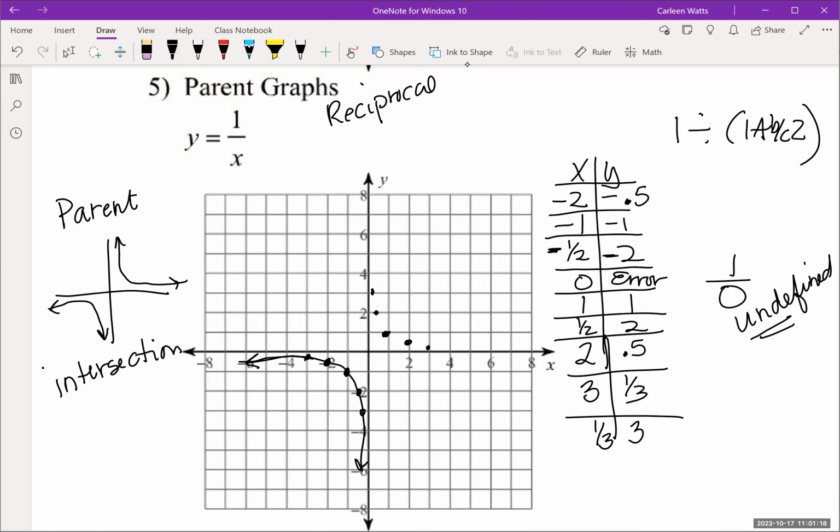This is wrong. Okay, you will never touch the x-axis. That is not touching. It looks like it's touching. That is not touching. I made this point too low. You will never touch the x-axis. And we can talk about why that's true more. So here's the parent graph.